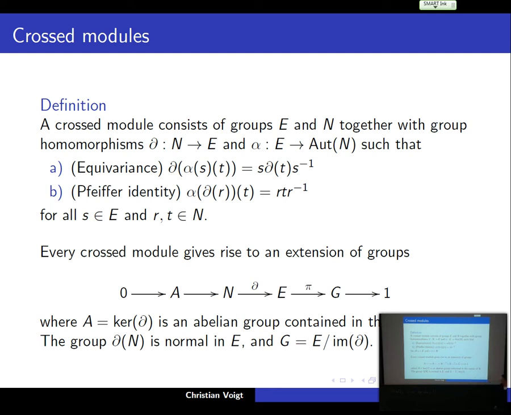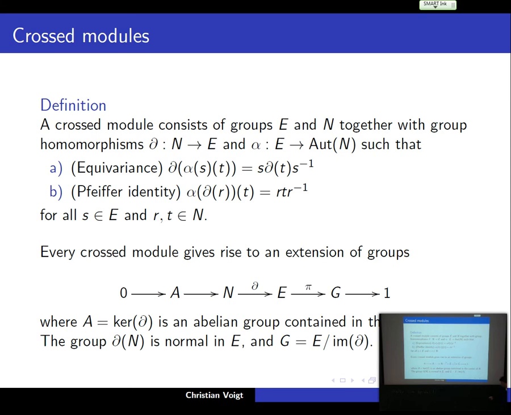Conversely, if you have a three-step extension of groups, you almost have a crossed module. You need a bit of additional structure, namely this map from E to N.